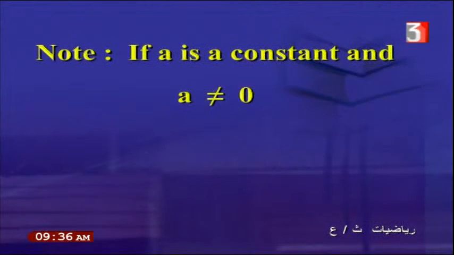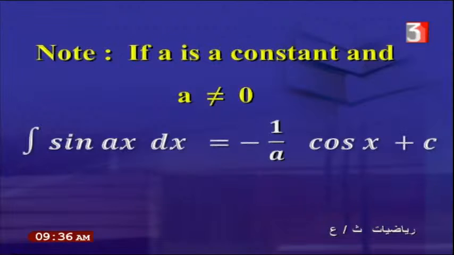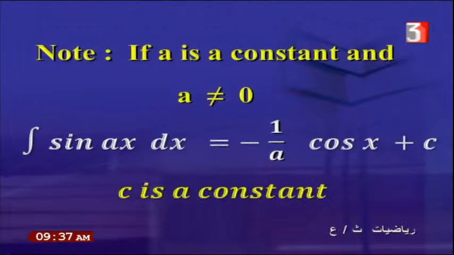If a is a constant and a doesn't equal 0, number 1: integration of sine ax dx. The angle ax has a coefficient, which is a. Then the integration equals negative 1 over a cosine ax plus c, where c is a constant.